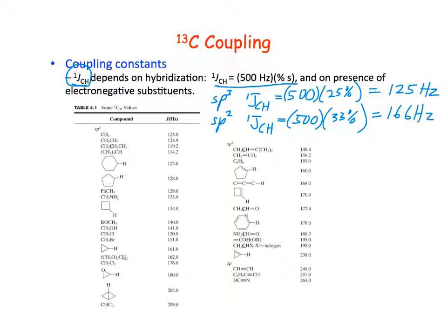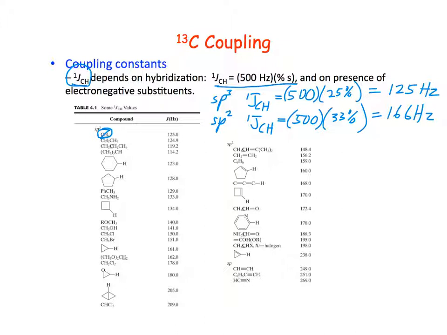Okay, so as we get more S character, the coupling constants become bigger, right? The bonds become stronger too. So here's this table, it's kind of small, but 125 is exactly what they have here for methane.